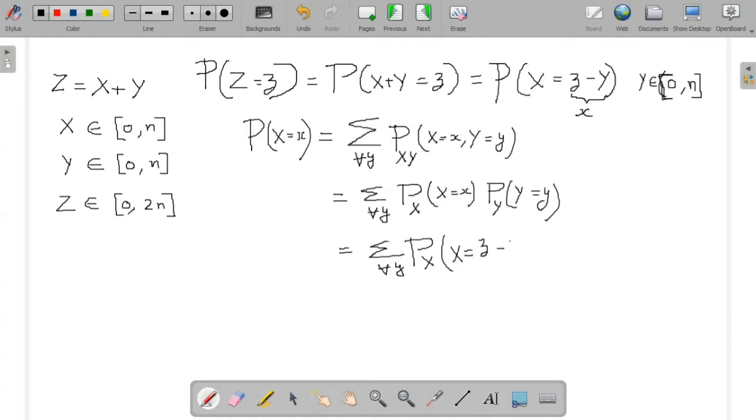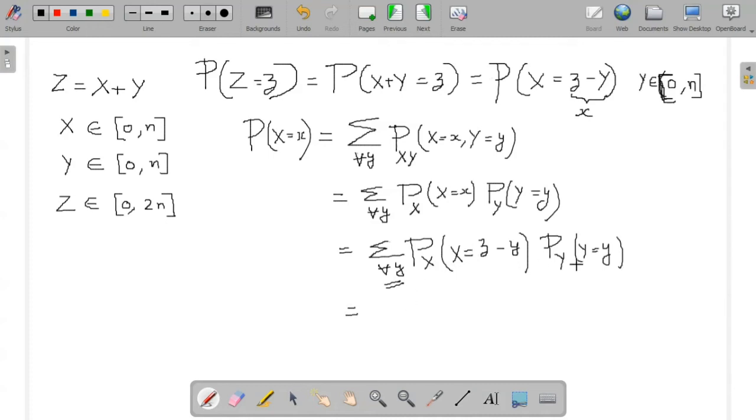Y belongs to 0 to n. So we are taking one sample value of y here, because I am taking all values of y. So here we will take one sample value of y, probability capital Y is equal to y.